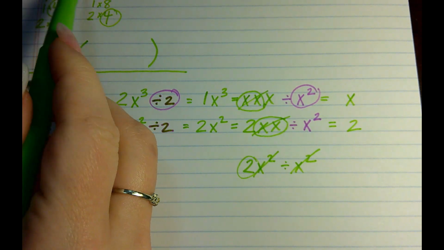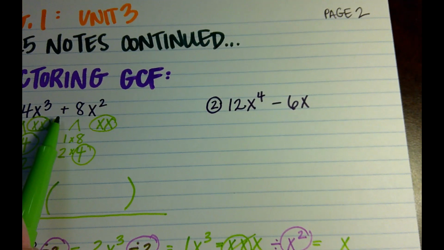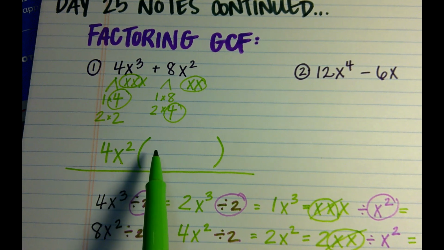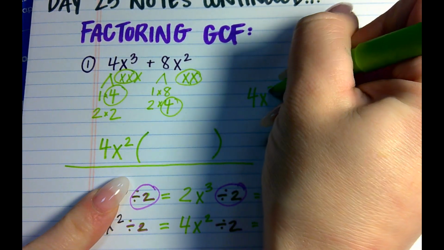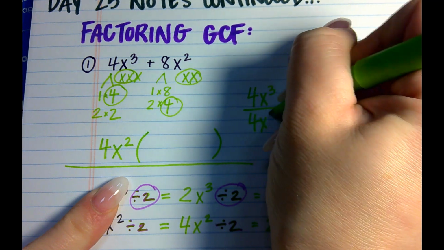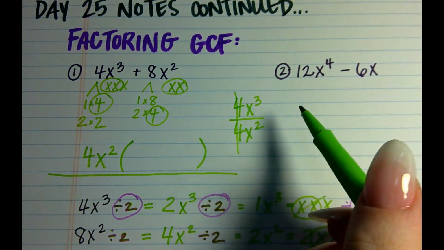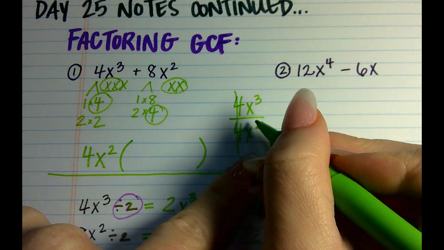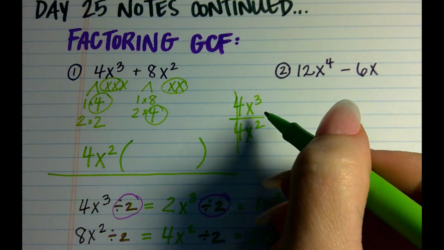we need to see what's going on up here. If I take 4x squared out of 4x to the third power, what am I left with? Let's see. 2. So what can cancel? My 4's cancel. Now if I have 3 x's and I take 2 x's away, how many x's will I have left? 1.